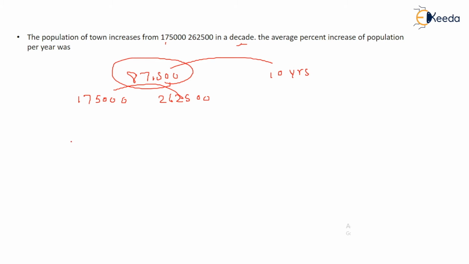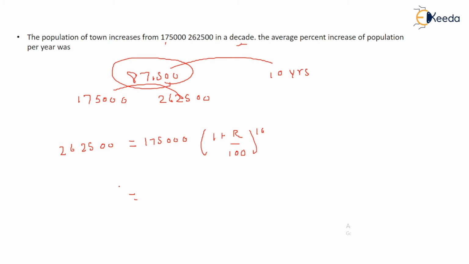So you can find out by the formula, that is the compound interest formula: 262,500 equals 175,000 times 1 plus rate of interest, which you don't know for the village, right? And for 10 years they ask you, right? You can simply solve this.